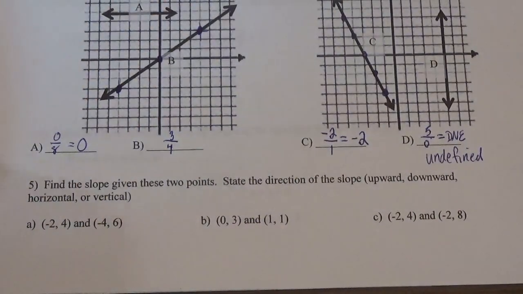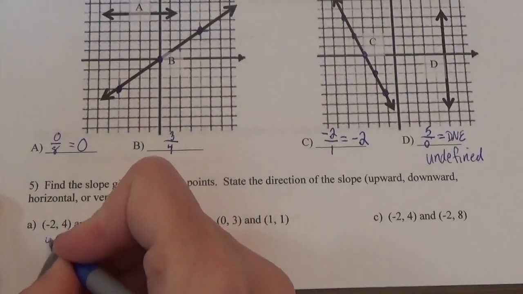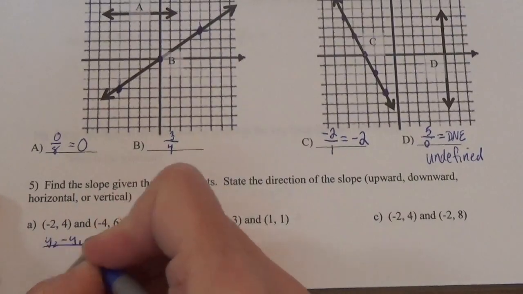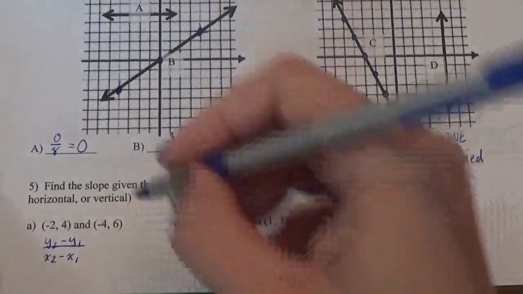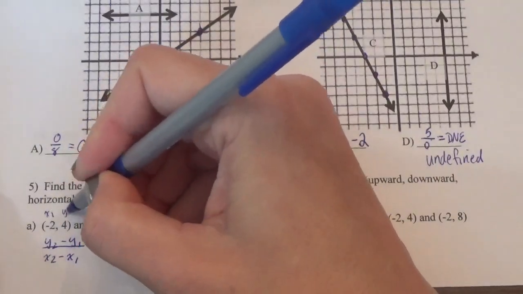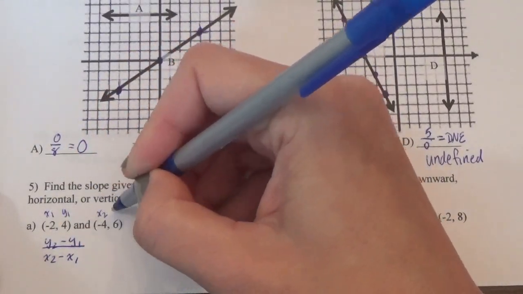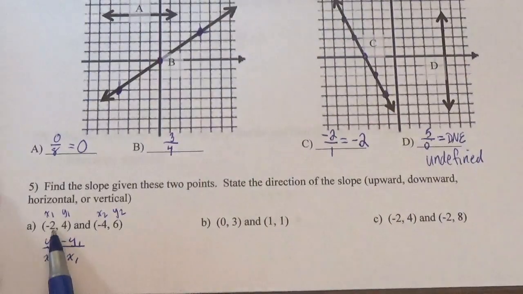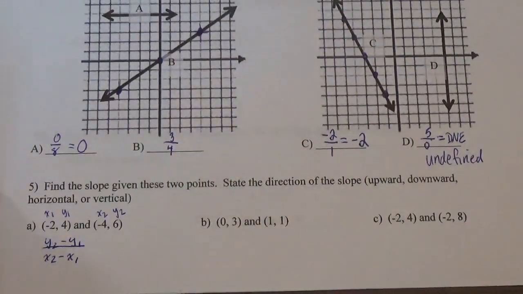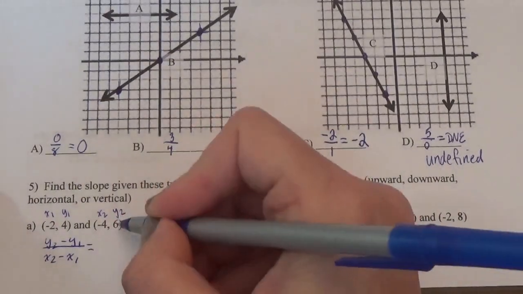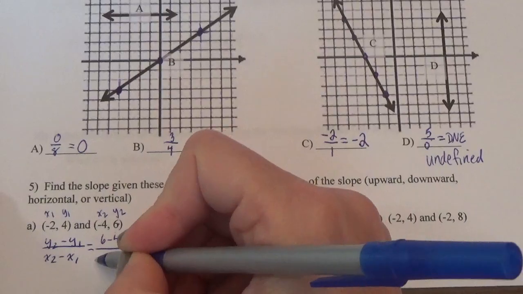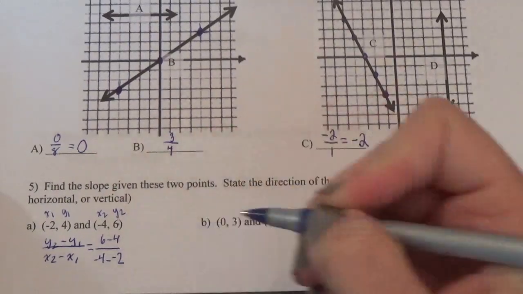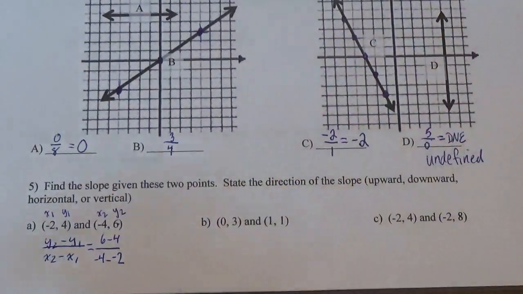Okay, so this is back to using the formula. Remember, the formula is you subtract the y values and then subtract the x values. I always forget which is which, so I'm going to label these. This is my first point, that's my second point, just so I don't forget what is what there. So I'm going to say 6 minus 4 and negative 4 minus negative 2.